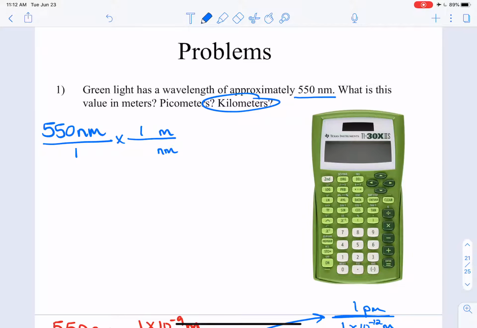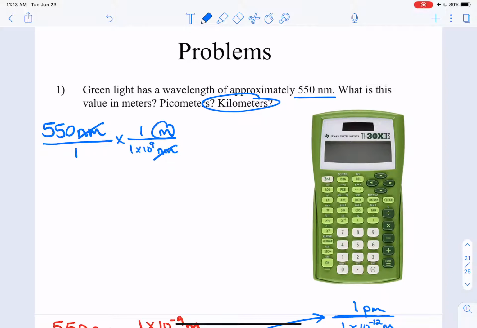So we need to figure out how many nanometers we can shove into our meter. And good thing we already did this figuring out in our previous problems. We can fit 1 times 10 to the 9th, which is a huge number of nanometers, into our meter. Yes, you can write it the other way where you have 1 times 10 to the negative 9th meter divided by 1 nanometer, but most of us like the positive version better. Again, feel free to do that. So we have nanometer divided by nanometer, which is 1.